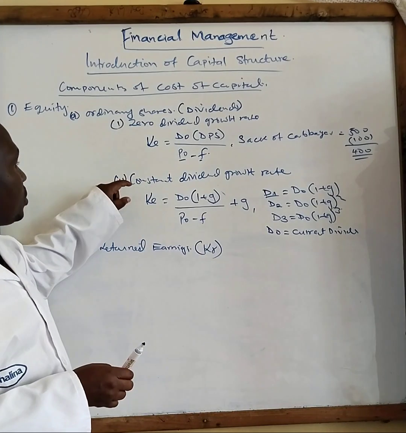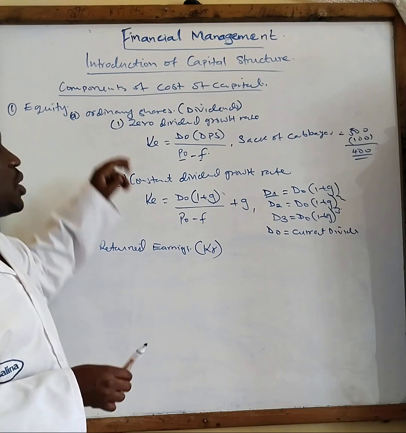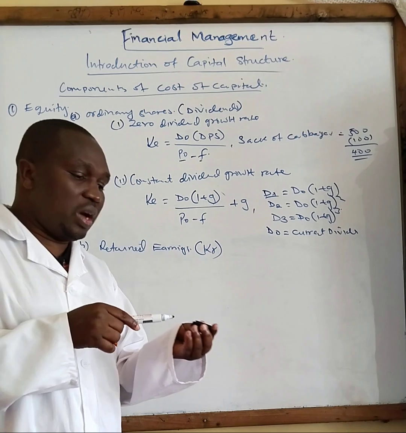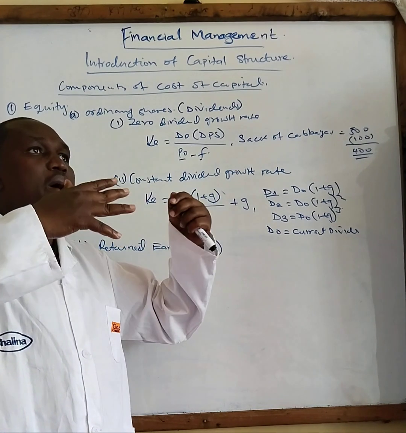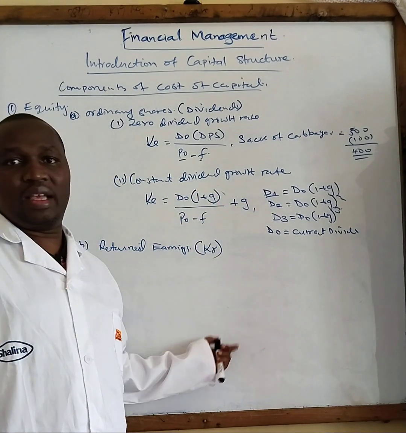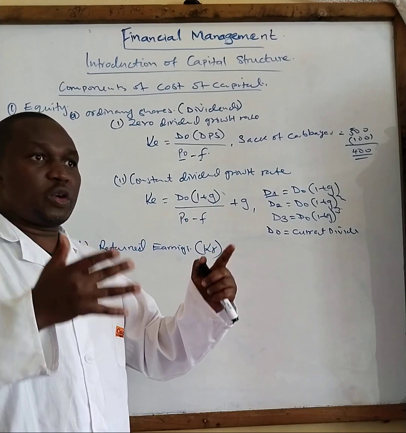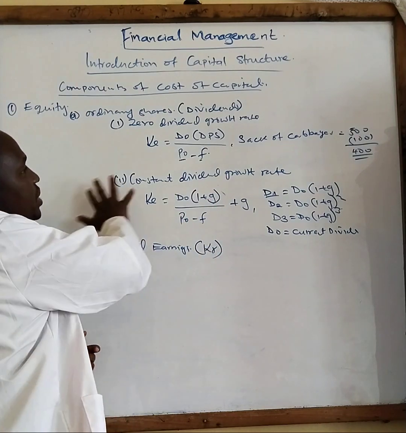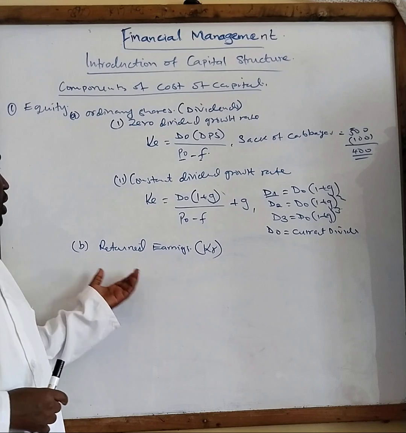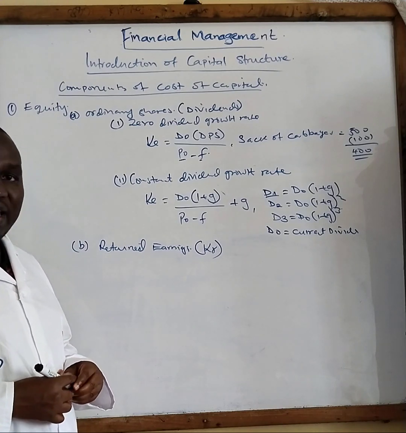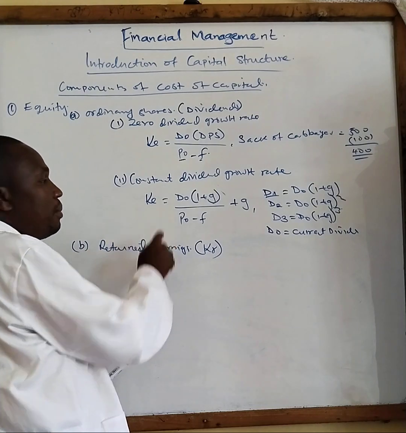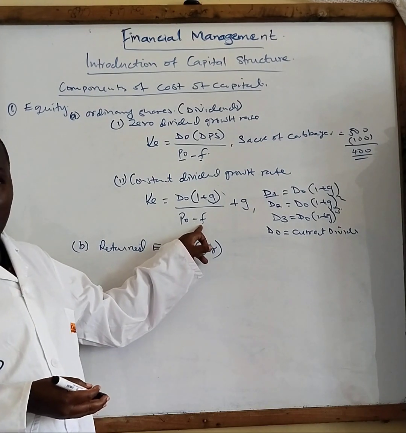But for the ordinary shares, you now need to do advertisement, you need to do what we call flotation. You need to advertise and maybe look for a lawyer to draft the prospectus. From there, you will be incurring some additional cost. But for the retained earnings, you don't have any additional cost. So in simple terms, the formula will remain the same, but there will be no flotation.